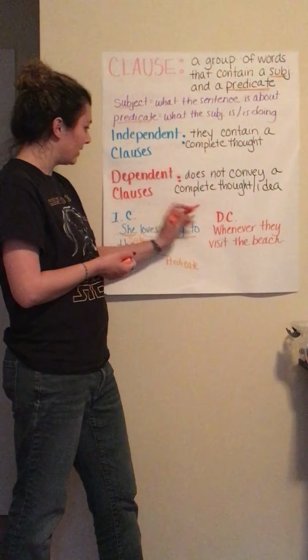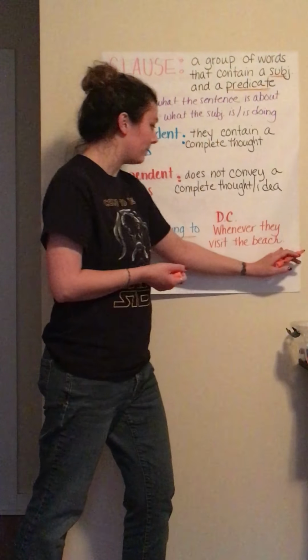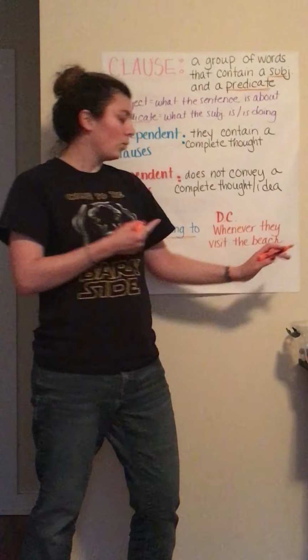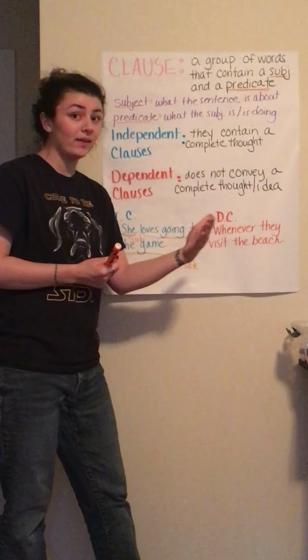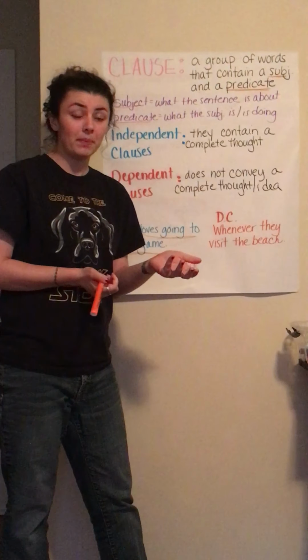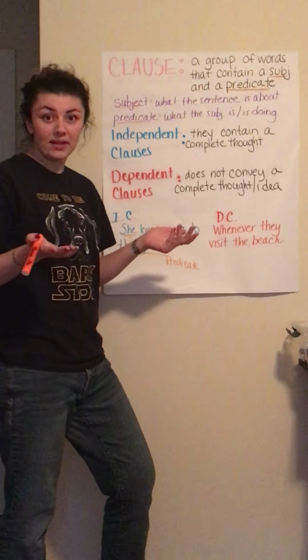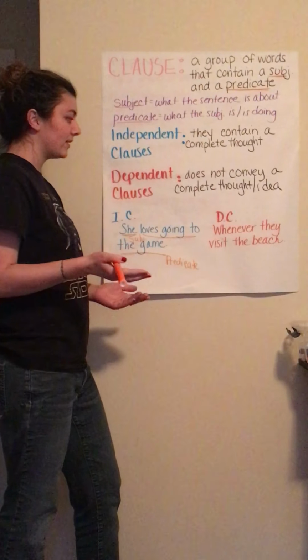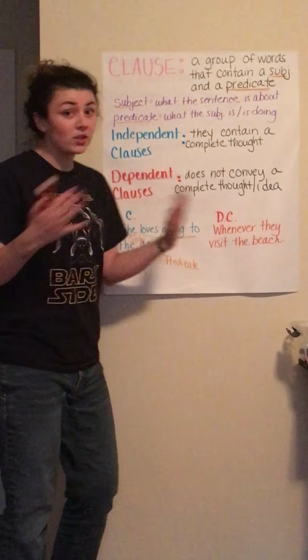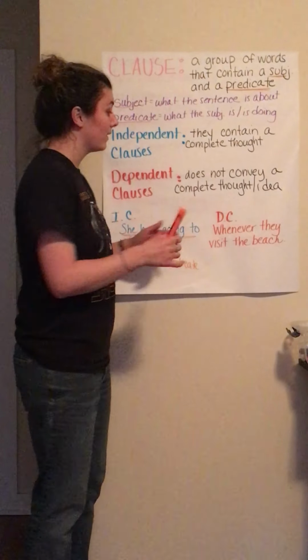DC, dependent clause: Whenever they visit the beach. Well, this is not complete, because we're still waiting to hear what happens when they go to the beach. It could be many things. We know it's not complete because we don't see the full picture. Whenever they visit the beach, we're still waiting to hear. It could be anything.